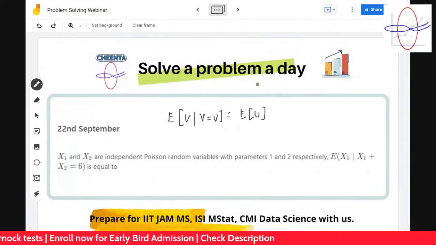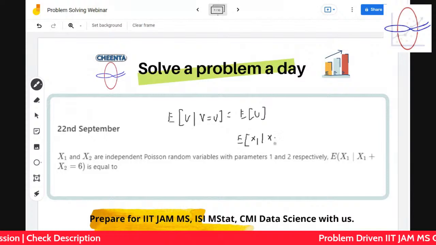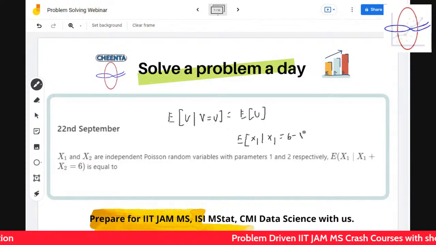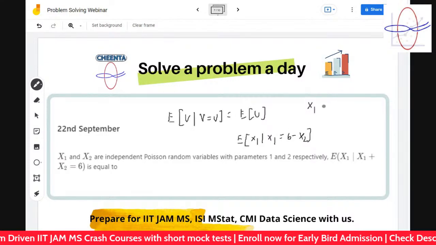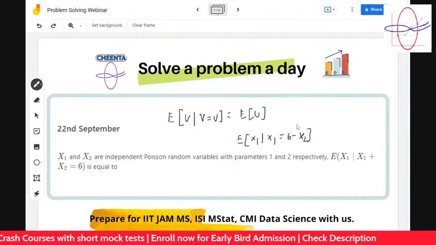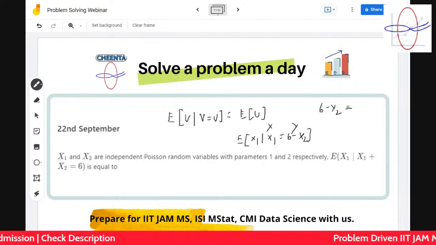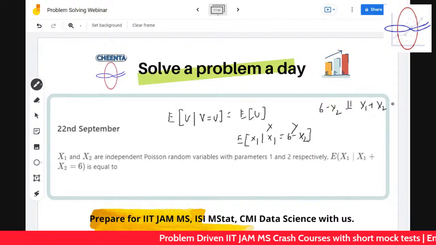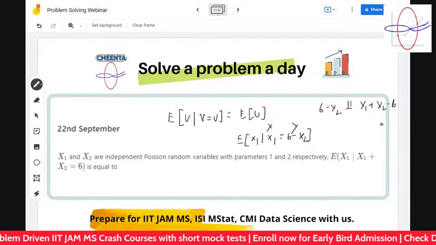So here, if you're trying to do that, expectation of X1 given X1 is equal to 6 minus X2, it will only happen if 6 minus X2 is independent of X1 plus X2 minus 6.